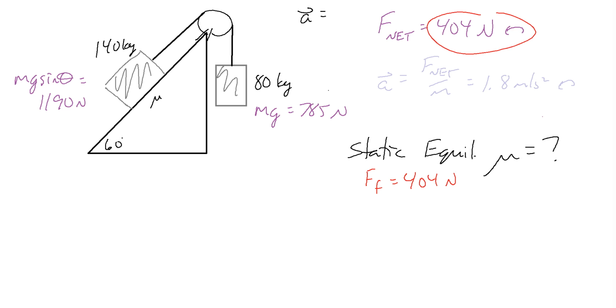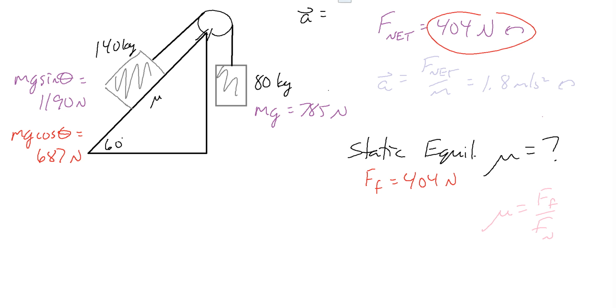But to find my coefficient of friction, I need to know my FF and my FN. But I can find my FN because that would just be the mg cos theta for the box and the ramp. So if I do the 140 times 9.81 and I times that by the cos of 60 degrees, I get a normal force of about 687 newtons. So that would be my FN.